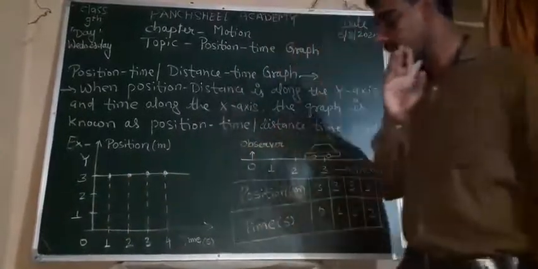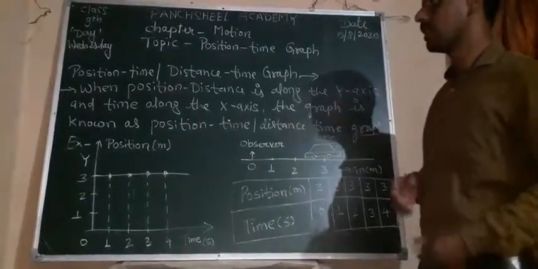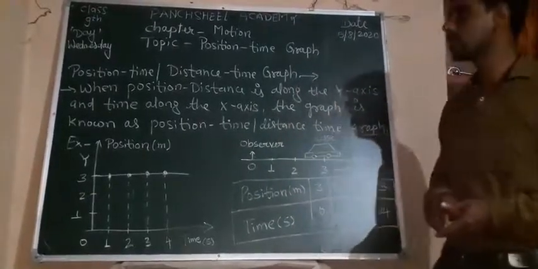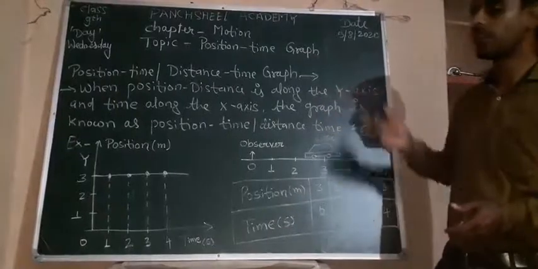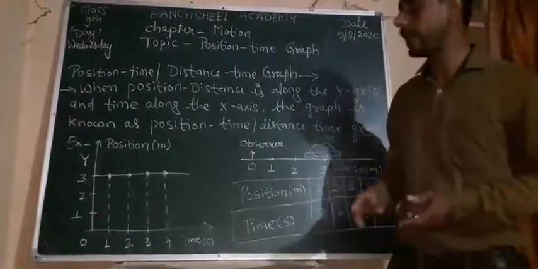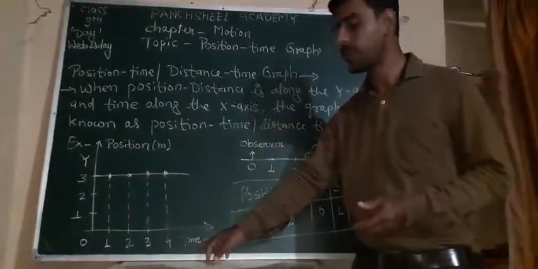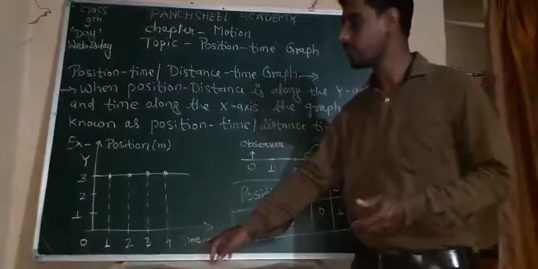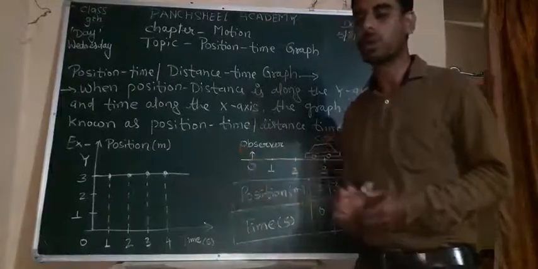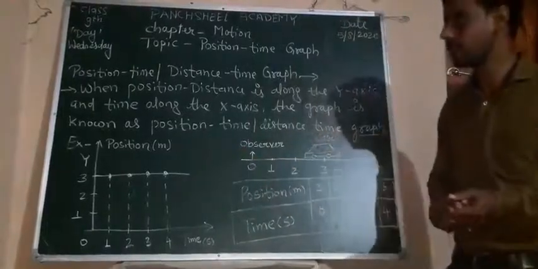So when the position or distance is along the y-axis and time along the x-axis, this graph is known as position time graph.